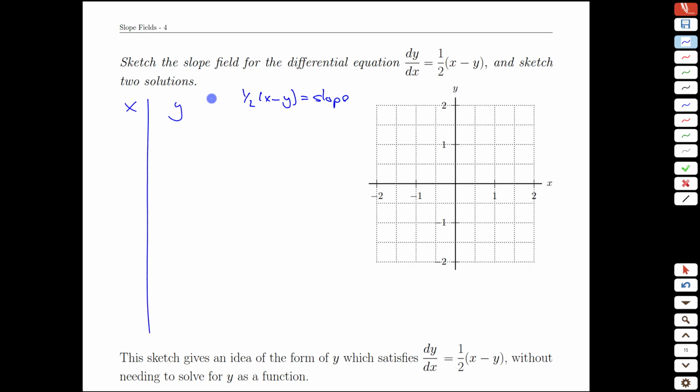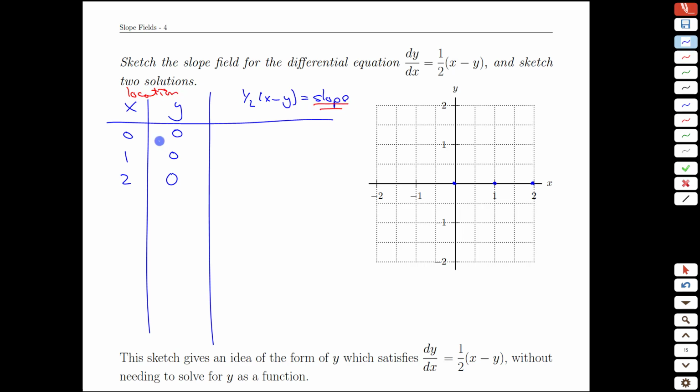And so we build a little table. There's various ways to sketch this out, but usually we start around the origin and maybe we increase our x values first. So we have the origin and these 2 points here. Those are the locations. And then at those locations, we draw the slope that we compute.